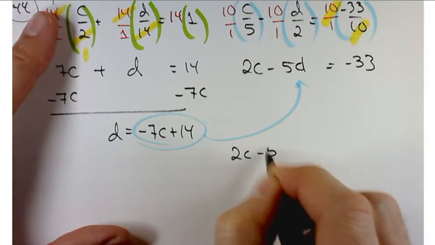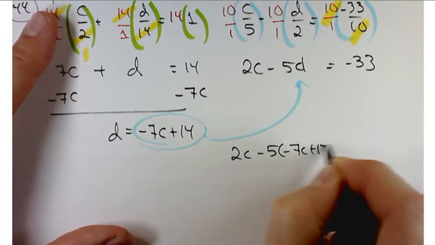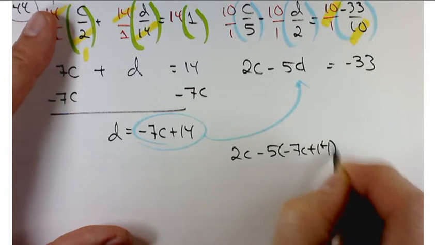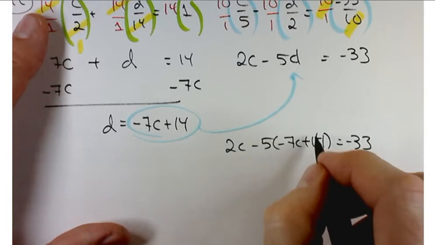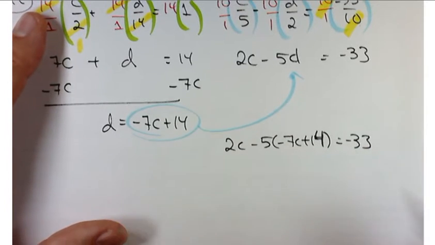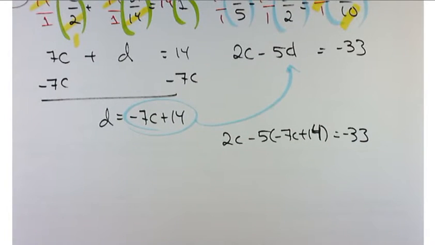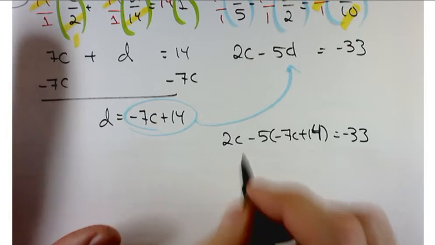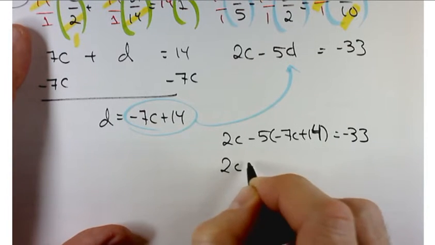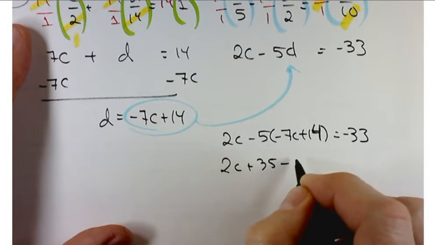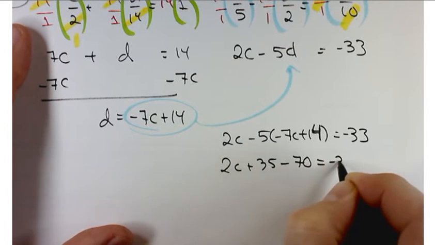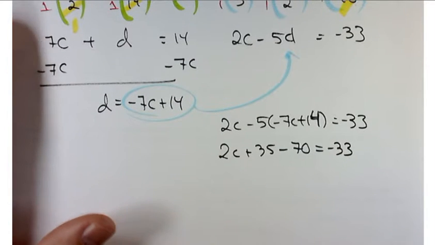2c minus 5 times negative 7c plus 14 equals negative 33. And that's a 14 despite what it looks like. If I distribute the negative 5, I end up with 2c plus 35c minus 70 equals negative 33.